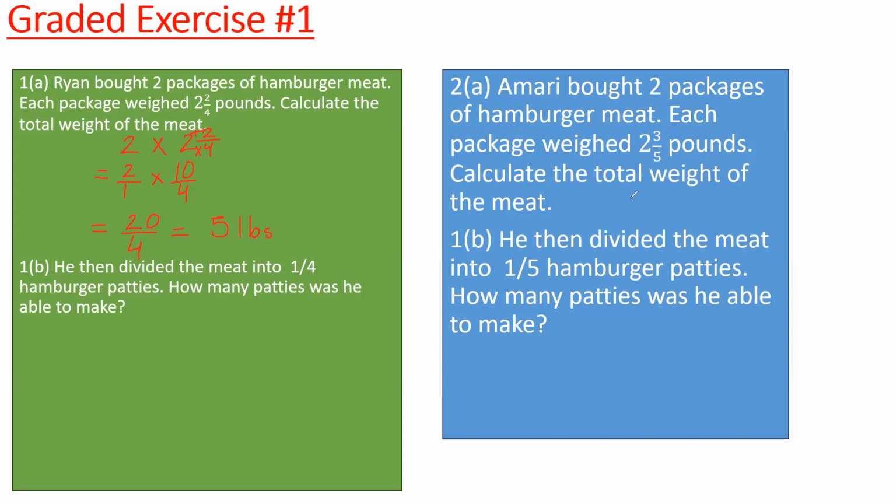Now, it says he then divided the meat into 1/4 burger patties, right? So how are we going to divide it? We have 5 pounds, so we have 5/1, and it'll be 5/1 divided by 1/4. Very good.